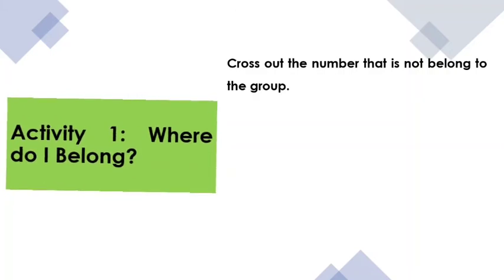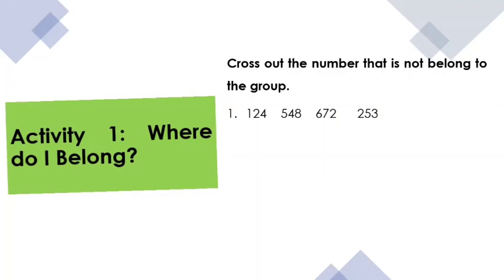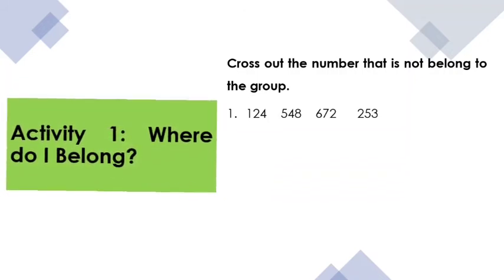Please ready a pen and paper for our activity 1. The title of this activity is Where Do I Belong? Cross out the number that does not belong to the group. 124, 548, 672, 253.